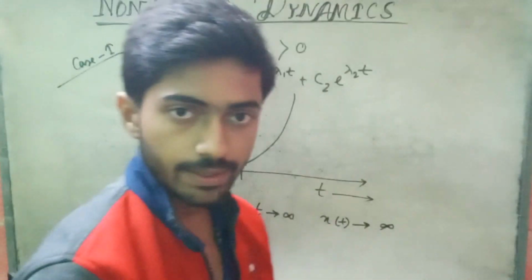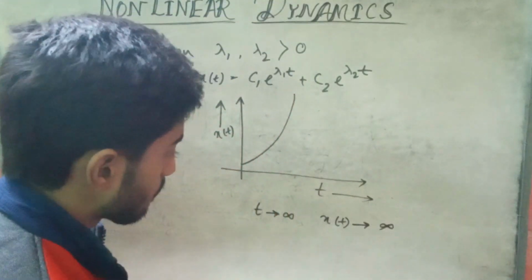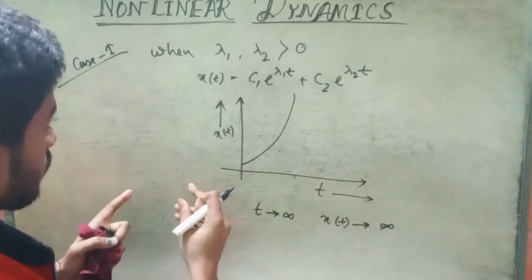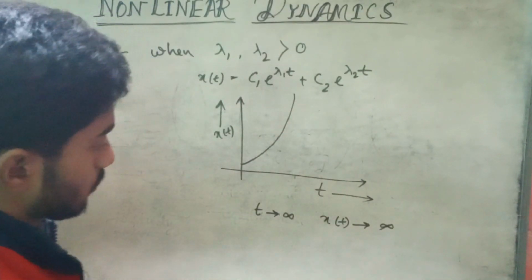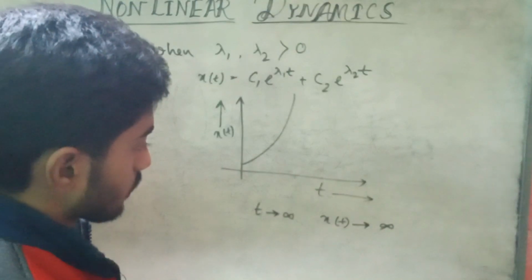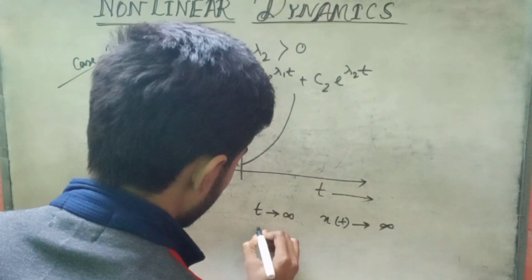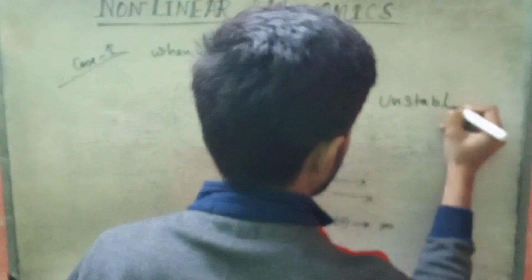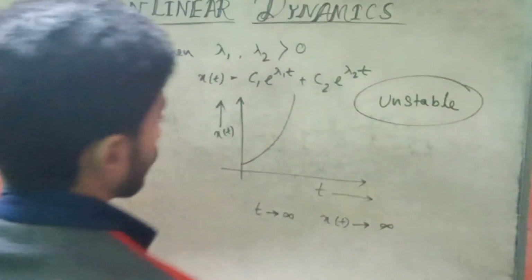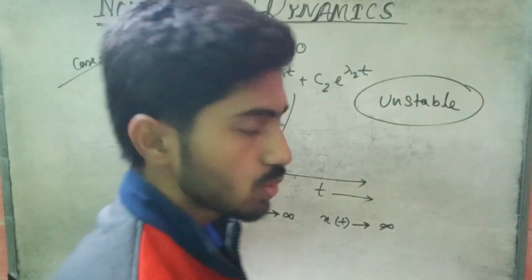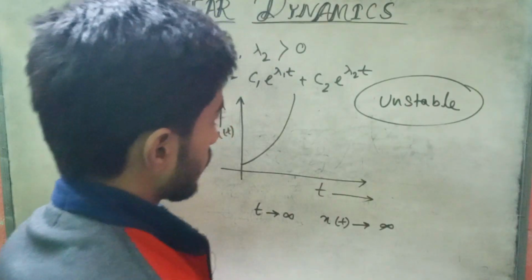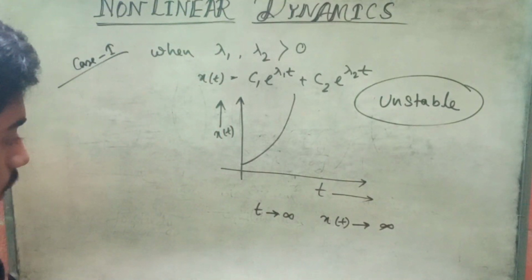So we can say that near the equilibrium point where lambda 1 and lambda 2 both are greater than 0, this equilibrium point is unstable, right? So where lambda 1 and lambda 2 are greater than 0, this is an unstable equilibrium point, right?